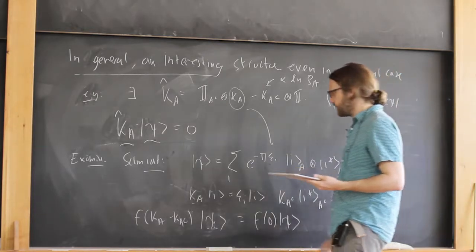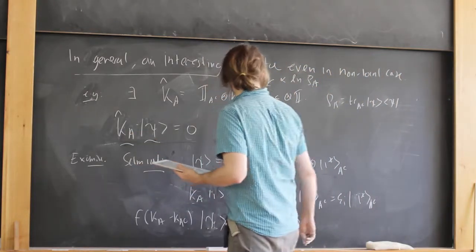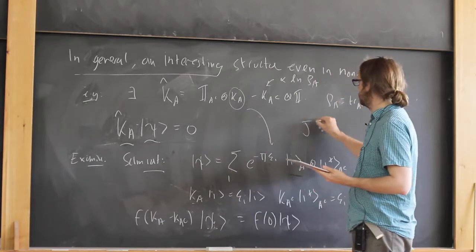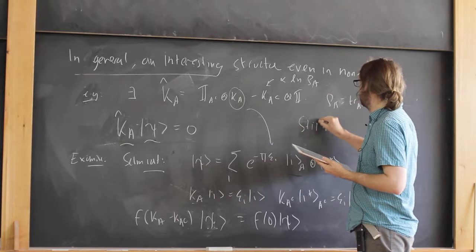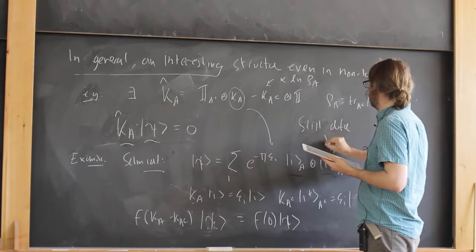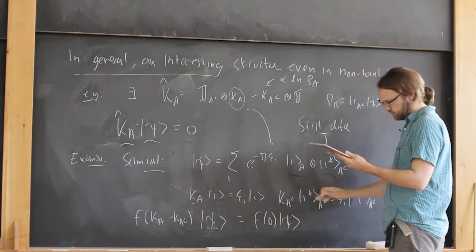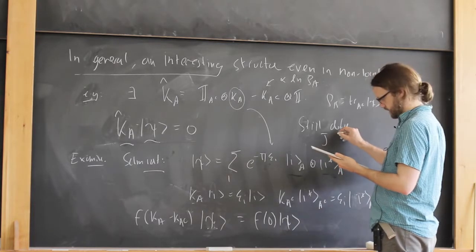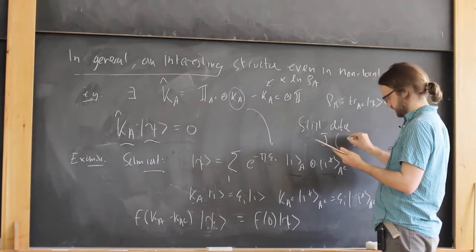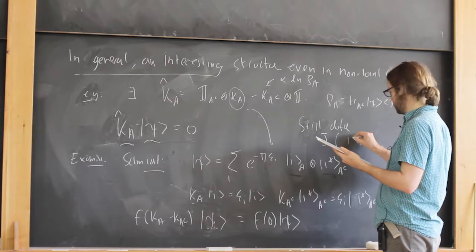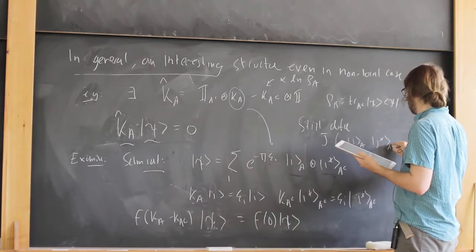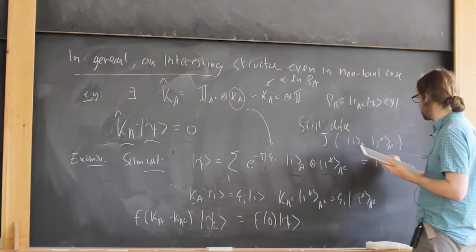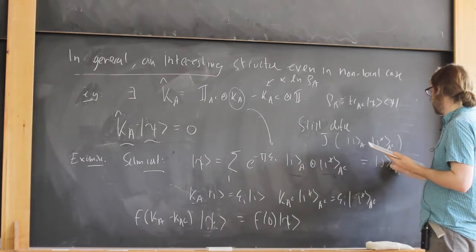And the other structure that's important is you can define this anti-unitary operator J. It has this property that, let me write it like this, I, A, J star, complement, it just flips them and conjugates them.